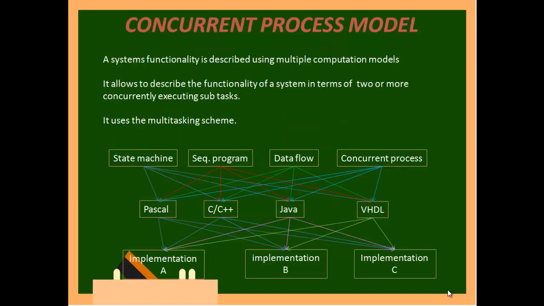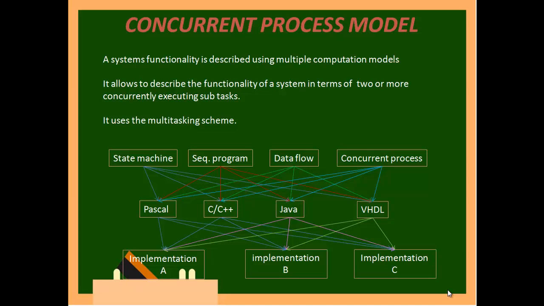Now let us move on to the concurrent process model. A system's functionality is described using multiple computation models. So in the concurrent process model, you are going to combine different types of models.